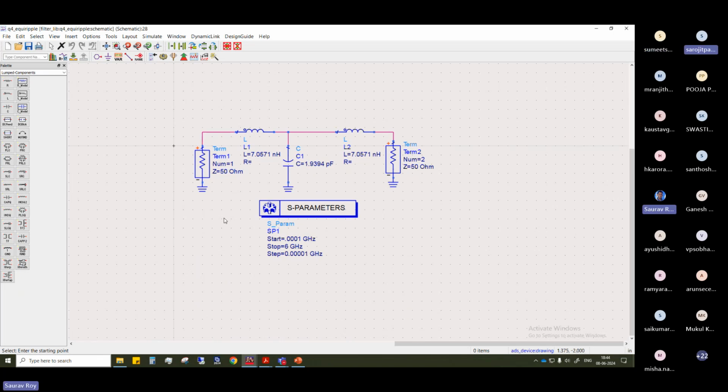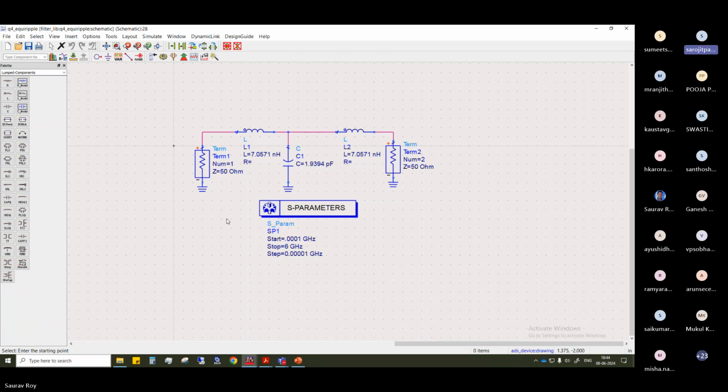Term means termination, port termination. Because in AWR we don't have this Term, we have just Port, so that's why I am asking you. Similar, yes. Also, you can take Term for terminology, different for different software.